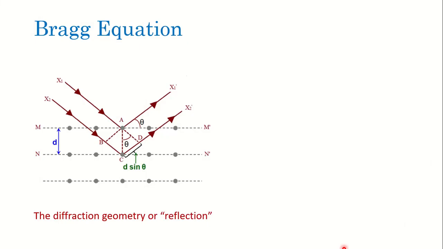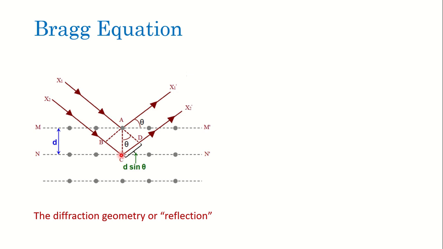Now the Bragg equation. Suppose this is a one-dimensional lattice array, M prime, N prime. The falling X-ray starts here from X1 to A, then goes to X1 prime after diffraction. This second line with the same monochromatic beam is falling on this lattice point from the N prime line, then passes through C to X2 prime.